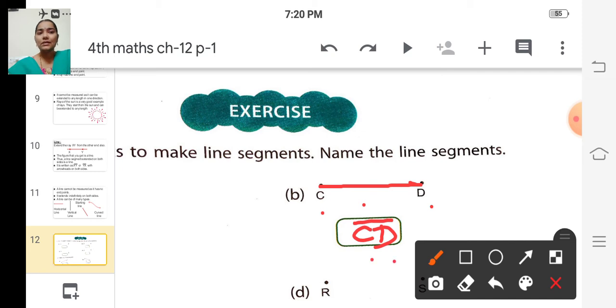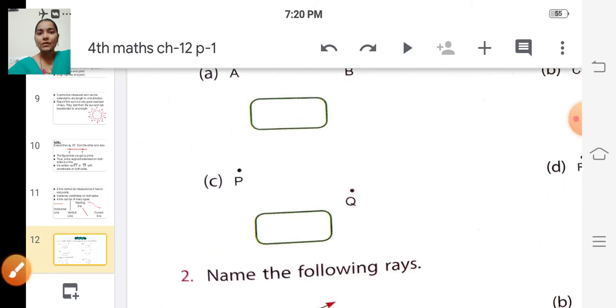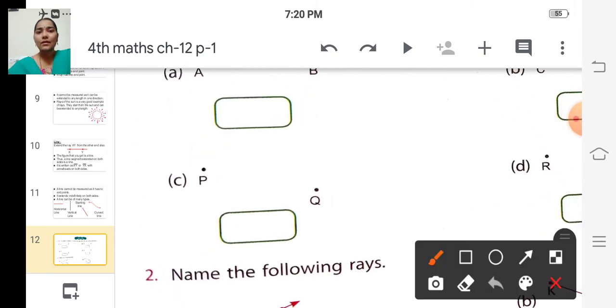The next one, they have given 2 points P and Q. Using a ruler you join P and Q. It's like a slanting line. How to name this? PQ bar.